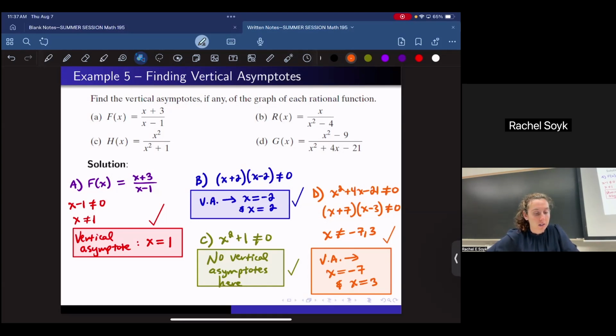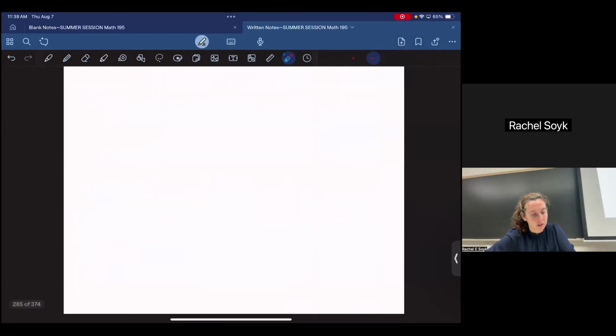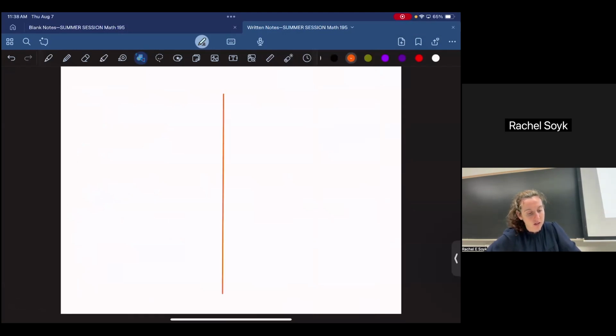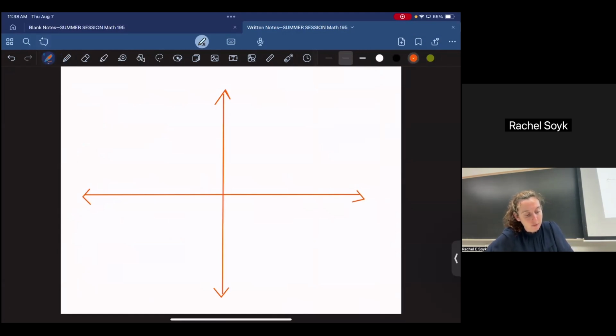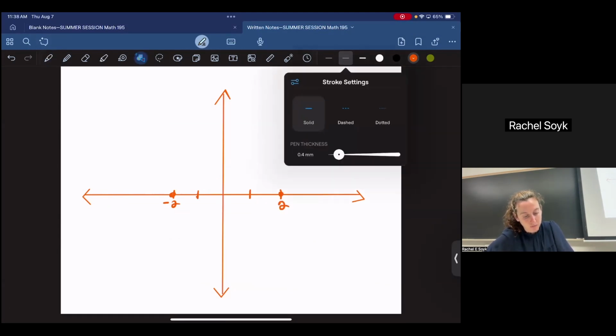So you can have a function where, let's look at B for instance. Maybe I'll put it on a different screen so you can really see it. I'm just completely making up this function. But let's say you have those two vertical asymptotes at both +2 and -2.